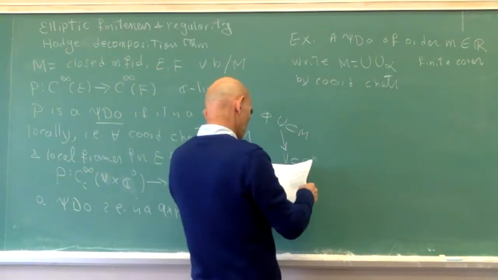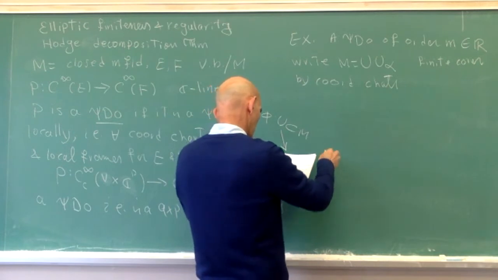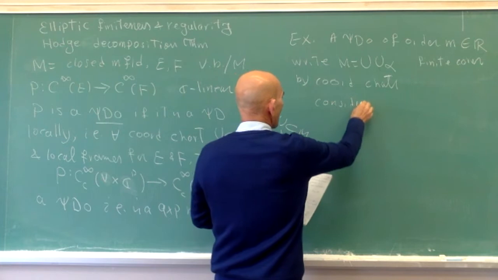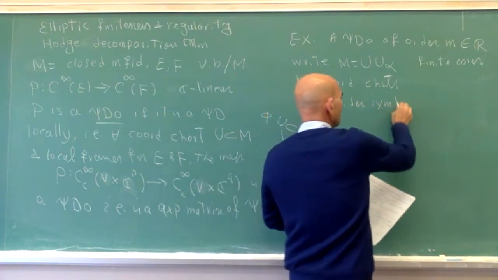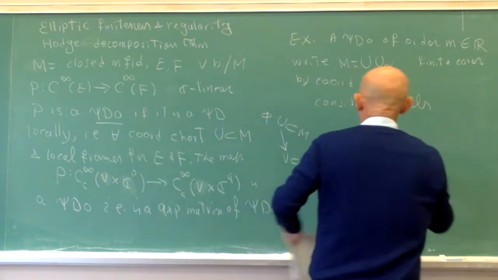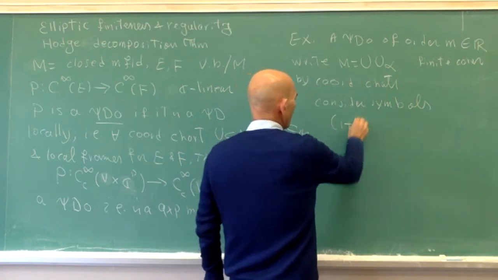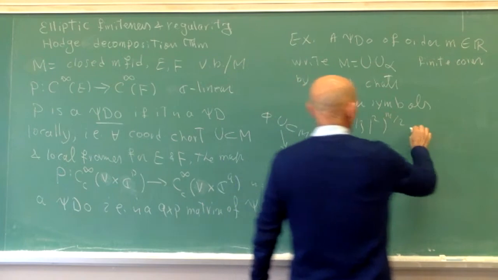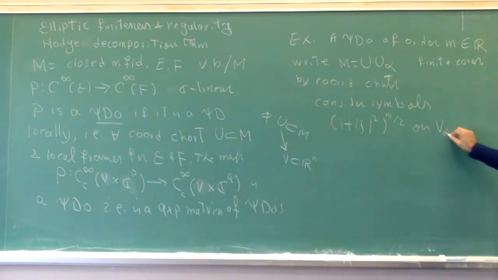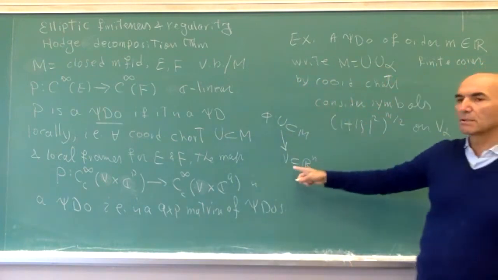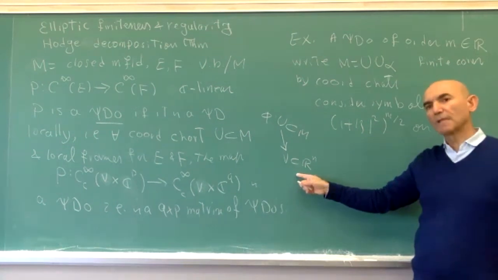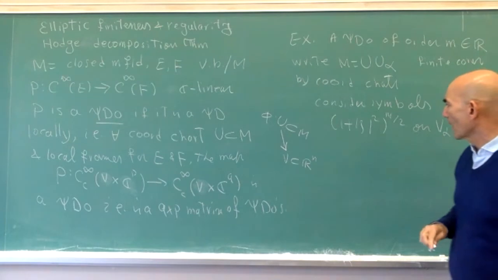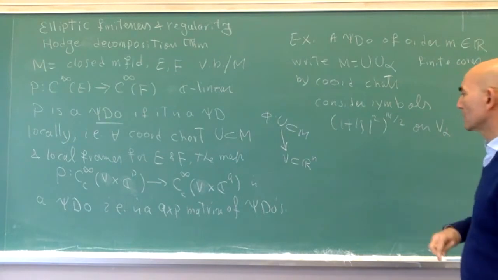So my notation: consider symbols (1 + |xi|) to the power m over 2 on V alpha. Again, V alpha is the corresponding open set in Rn. We just choose those symbols on the corresponding open sets here.